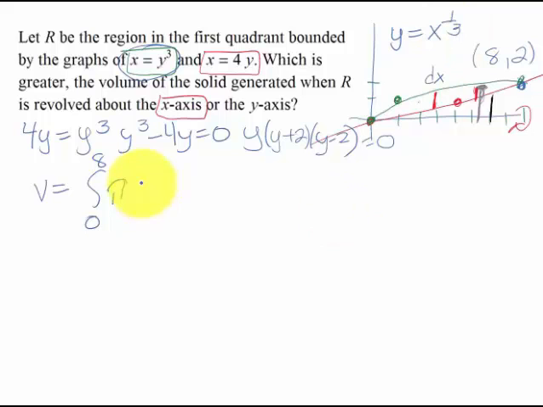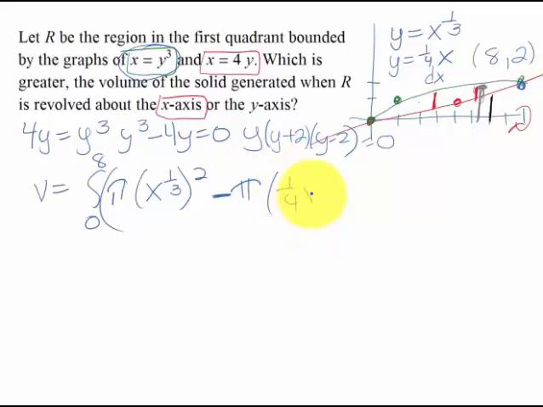So that is going to be my big R, so I need to have that squared, x to the 1/3 squared, and then minus pi little r squared, and a little r is the y value for the line. And if I had that one solved for y, that was 1/4 x. So let's go ahead and put that on. That's going to be 1/4 x, and we need that squared as well, and then dx.